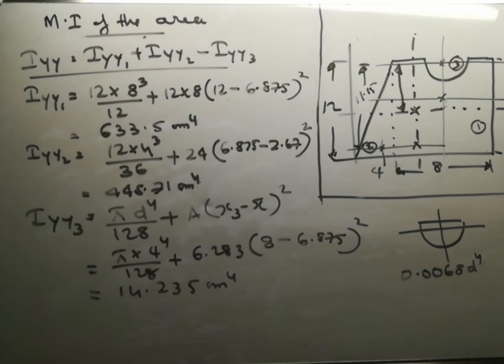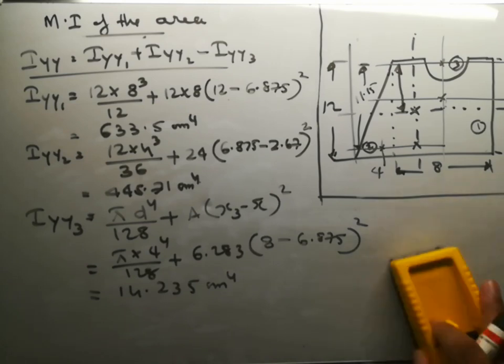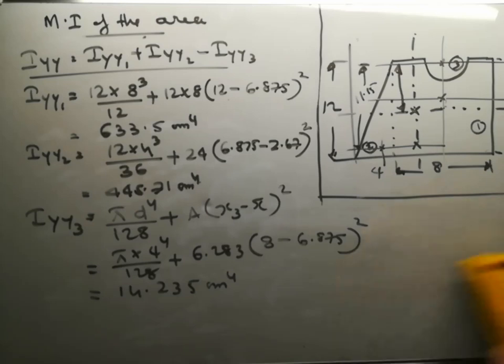That is the equation. And when we calculate it, you will get almost the same value. That is why there was a small difference in the value. Okay, so 0.0068 d raised to 4. Correct it when you do this.